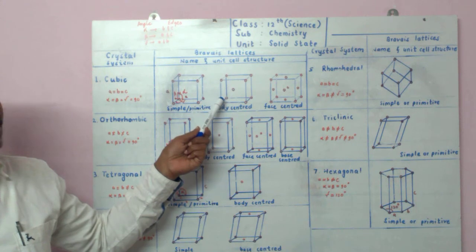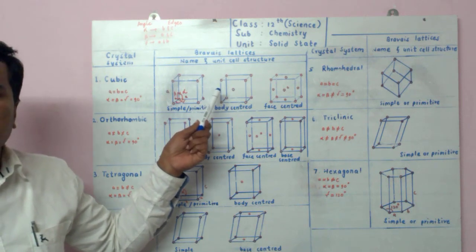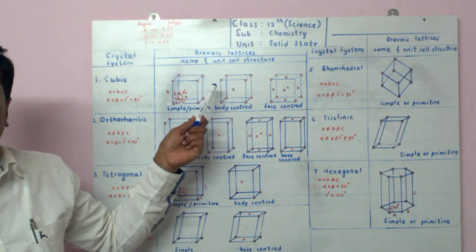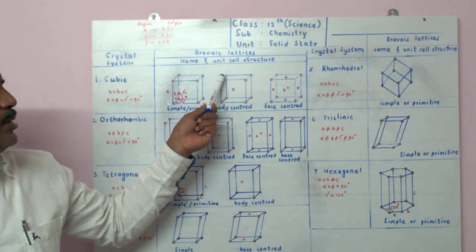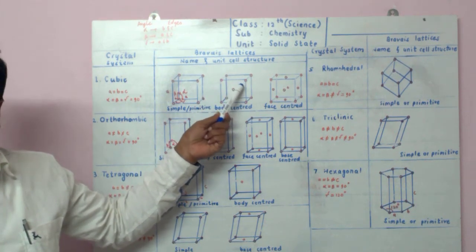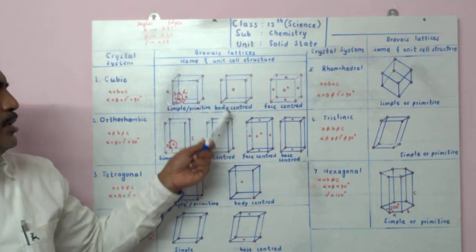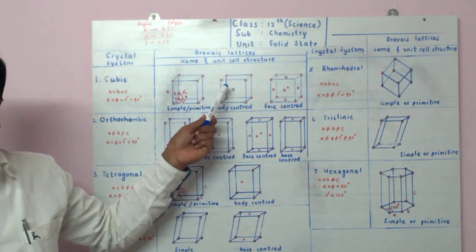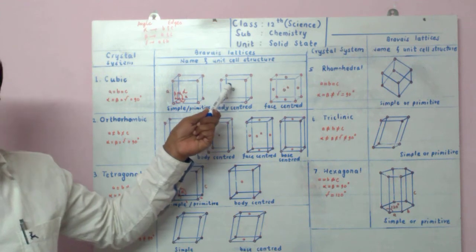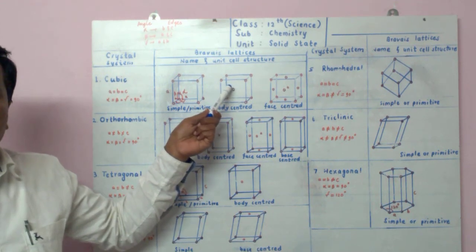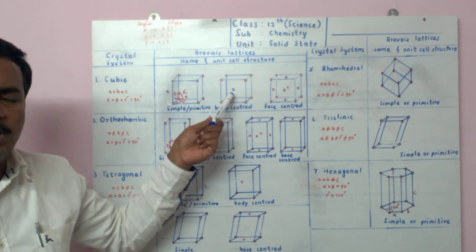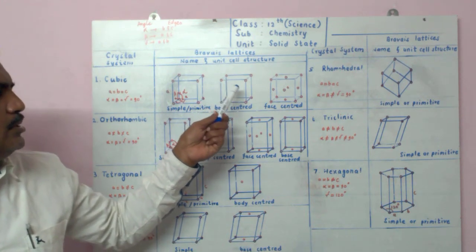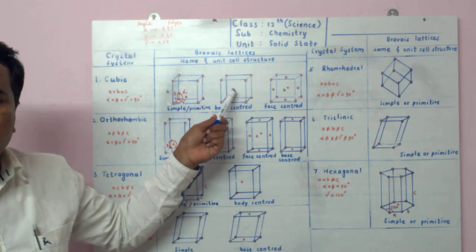And in body centered, particles are present at the eight corners of the unit cell. In addition, one particle is present at the center of the cube, which is not shared by any other cube.